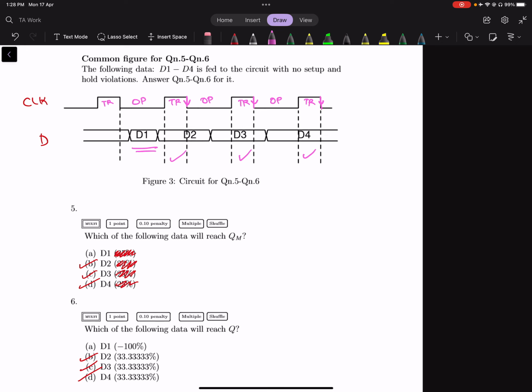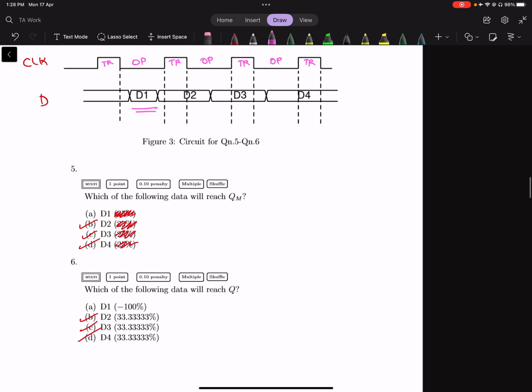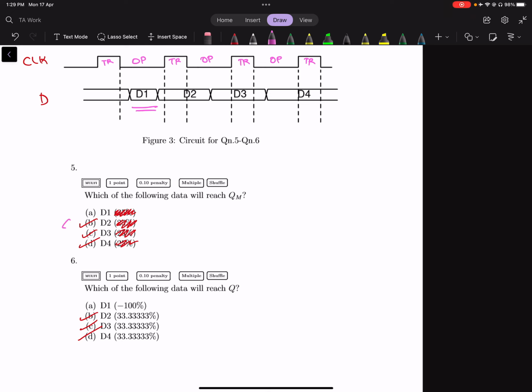So therefore they will reach QM, and also they will reach Q. Something can reach QM but not reach Q if it changes just before the transparent phase finishes, just before sampling finishes. Because of that, the answers are D2, D3, D4 and D2, D3, D4, for which ones reach QM and Q respectively.